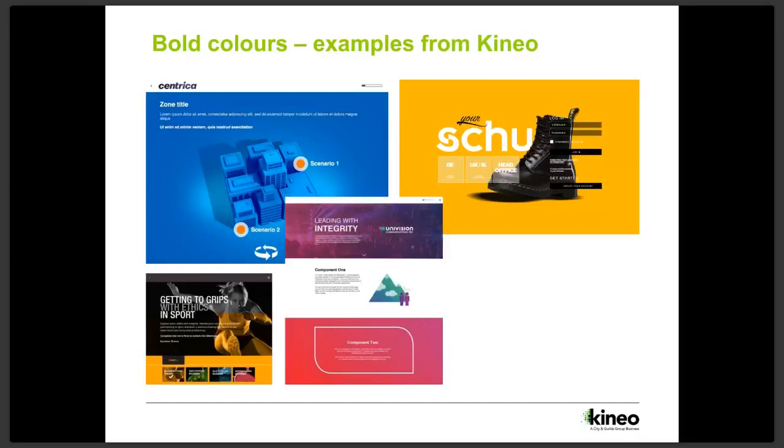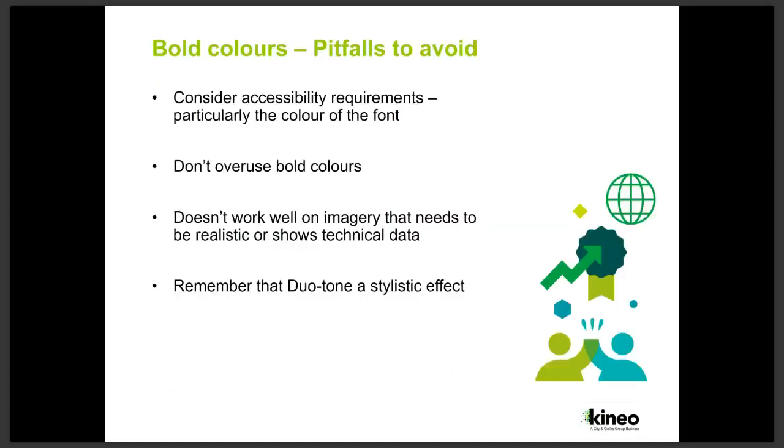And then here you can see some examples of monotone images where we just have a single color going across a black and white image, and then we've got some duotones and some really vibrant flat colors that have also got that element of bold in terms of some of the typography that's been used there, which goes alongside that.